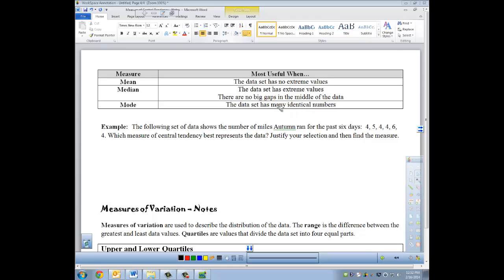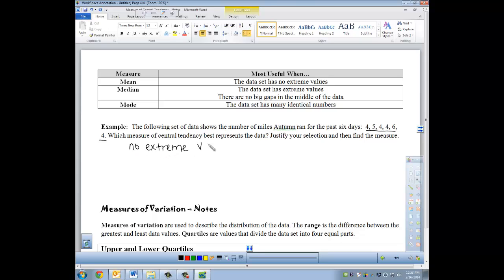So this example says that our data shows the number of miles Autumn ran for the past 6 days. We have 4, 5, 4, 4, 6, and 4. We will decide which measure of central tendency best represents the data. So when we look at it, there are no extreme values.